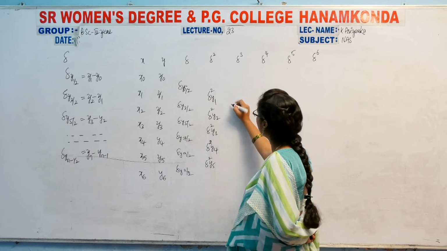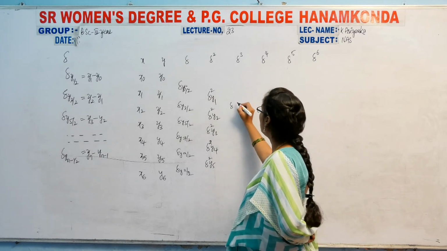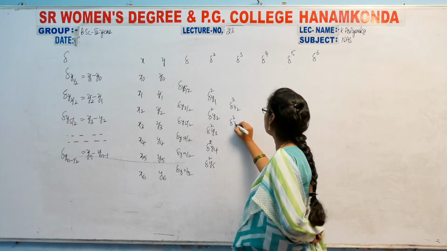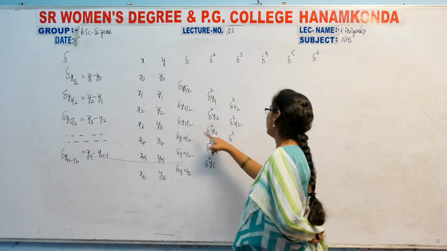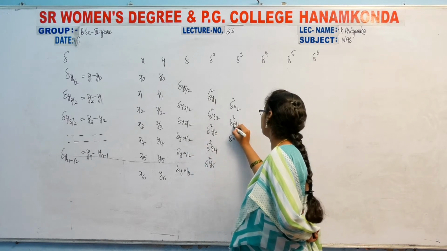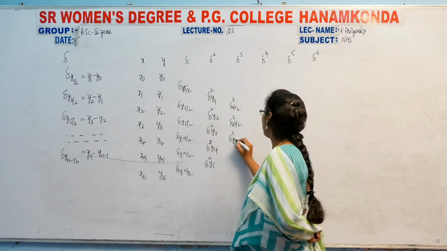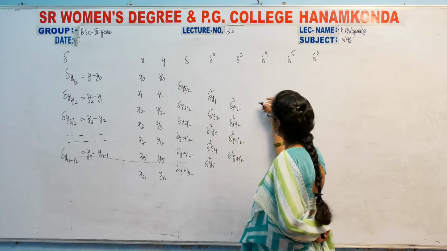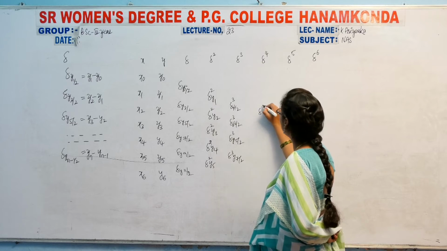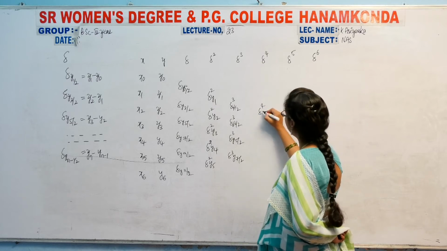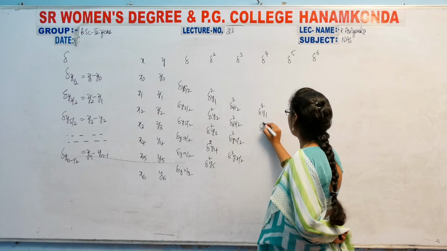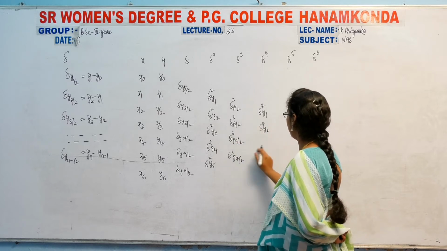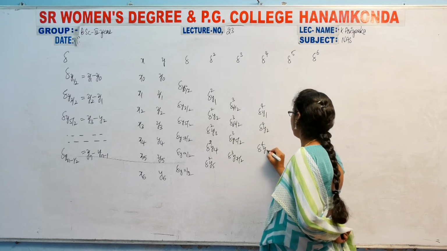Next again in the middle, cube we have, so now here gamma cube y 1 by 2, gamma cube y 3 by 2, gamma cube y 5 by 2, gamma cube y 7 by 2. Next power 4 now, so gamma power 4 y1, gamma power 4 y2, in the middle, gamma power 4 y3.